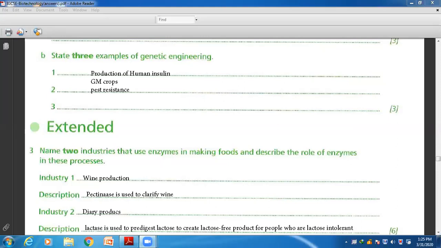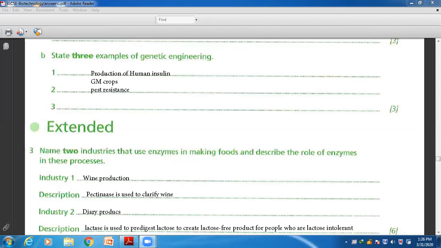Please give me the answer. Another question: what is the difference between endonuclease and exonuclease? Please answer this question.